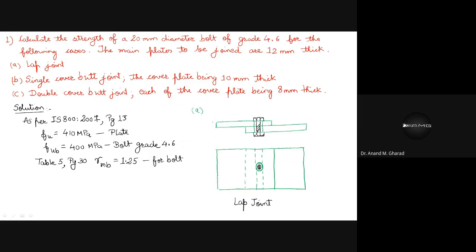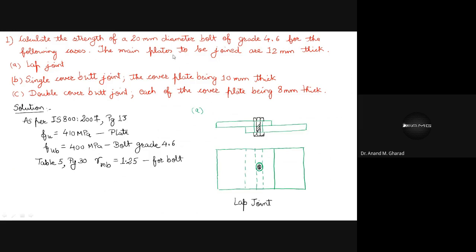So please take down the solution. Also you can take down the problem statement, and what it says in this problem statement: calculate the strength of a 20 diameter bolt of grade 4.6 for the following cases. The main plates to be joined are 12 thick.